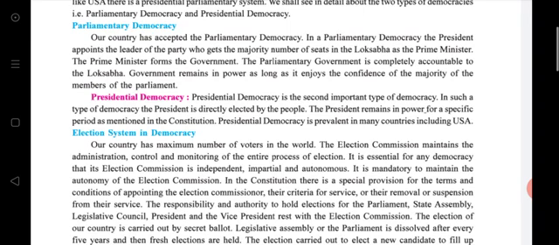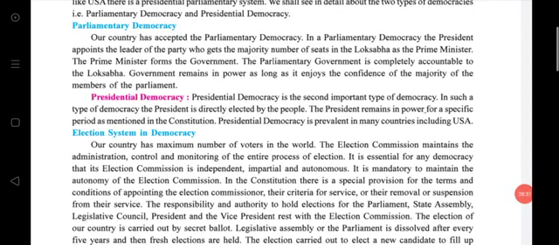Only a president handles the whole nation. And in parliamentary democracy, prime minister and president, both posts are available. The president remains in power for the specific period as mentioned in the constitution. Presidential democracy is prevalent in many countries including the US.